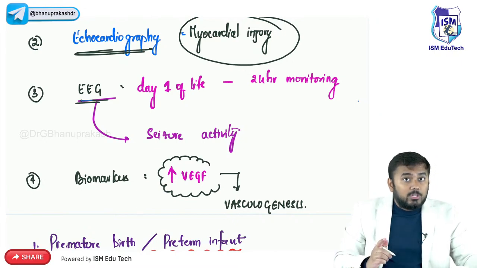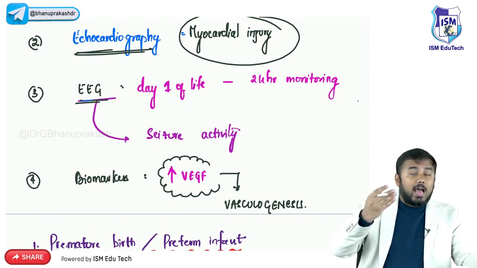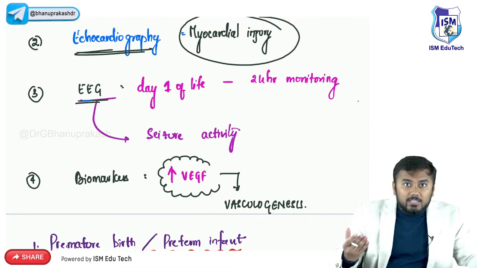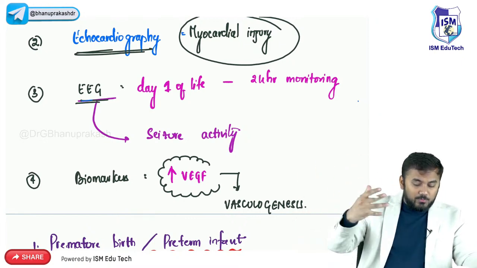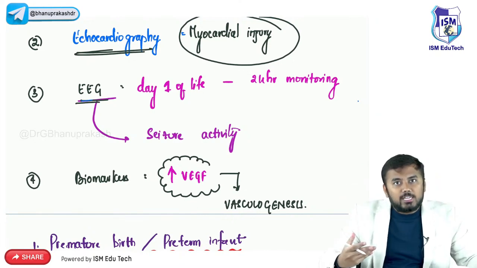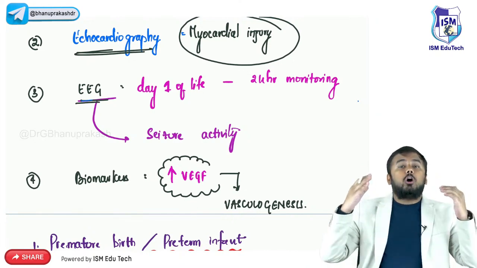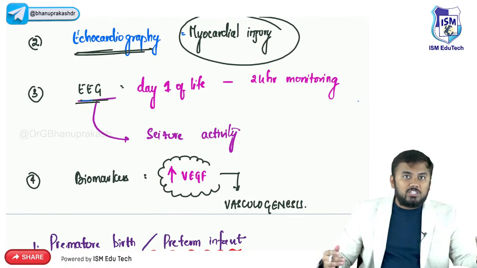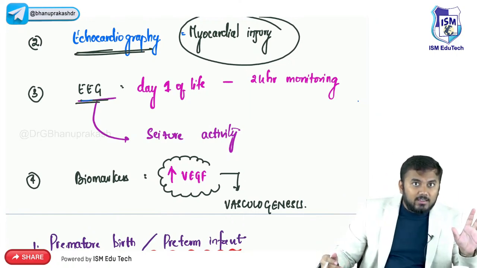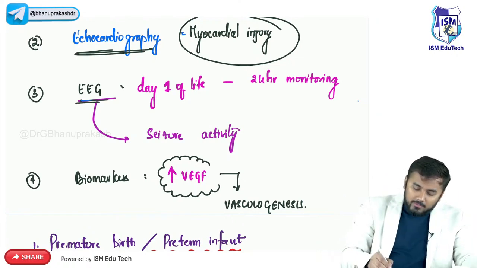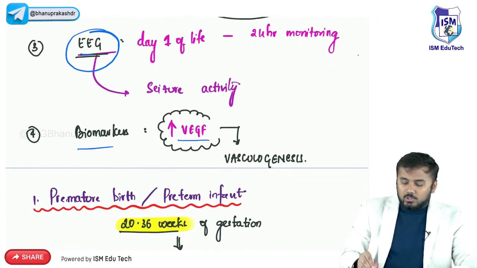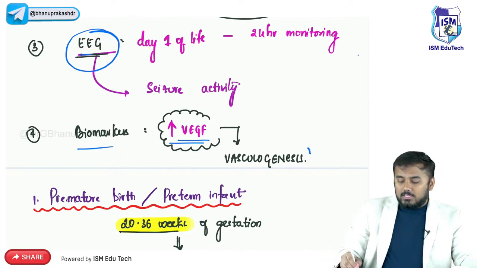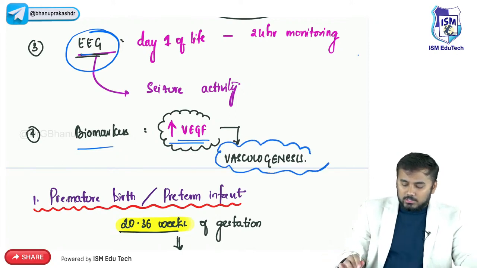I told you there is dopamine release, and I also told you there is glutamate release, an excess amount of release of these neurotransmitters. Excess release of these neurotransmitters would lead to abnormal electrical activity, which is called seizures. So to see whether there is any seizure activity or not, I will do EEG. And obviously biomarkers like vascular endothelial growth factor I will check to see whether there is any vasculogenesis or not.